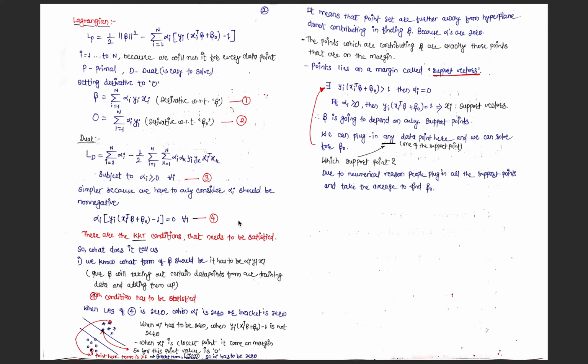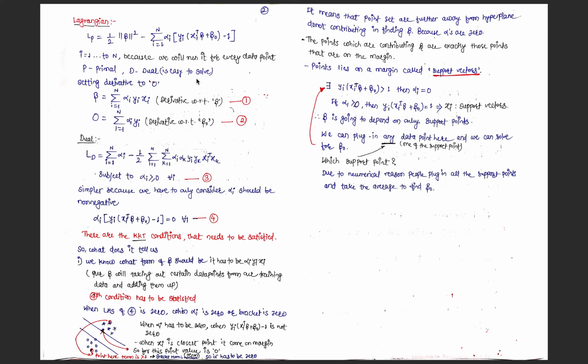Suppose for the above function we take the derivative with respect to beta, then we will get beta equal to, here 0 will be there because we have set the derivative to 0, and this function gives beta minus summation of alpha i yi xi.